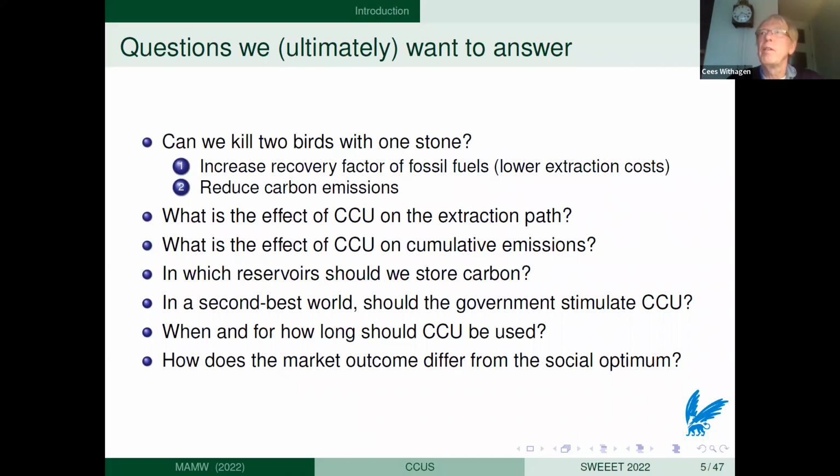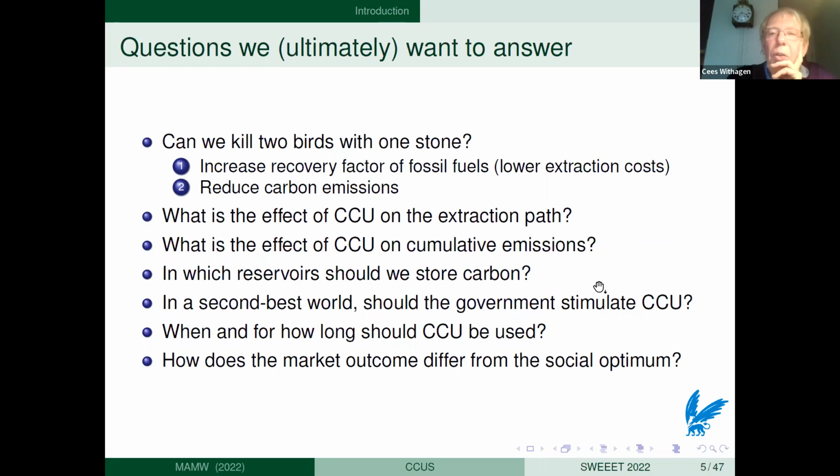And that is the enhanced recovery of oil or gas by means of injecting CO2 in active wells. So what is the effect of this CCU on the extraction path of fossil fuel? What is the effect on cumulative emissions? Where should we store this carbon? So the question is, should we do it as a utilization or just store carbon in inert and non-active wells?